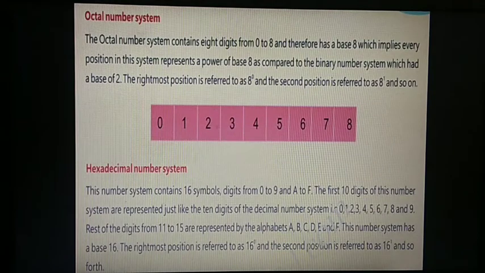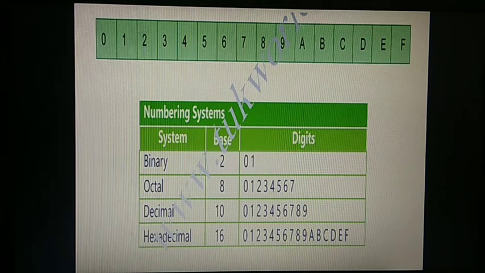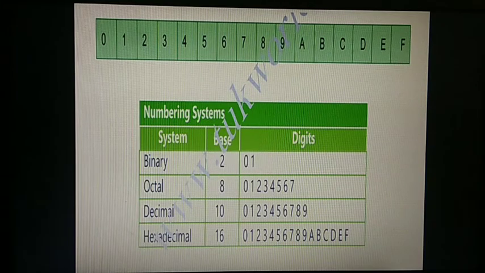The numbers range from 0 to 9, total 10, as well as alphabets from A to F, wherein letter A is counted as 10, B as 11, C as 12, D as 13, E as 14, and F as 15.